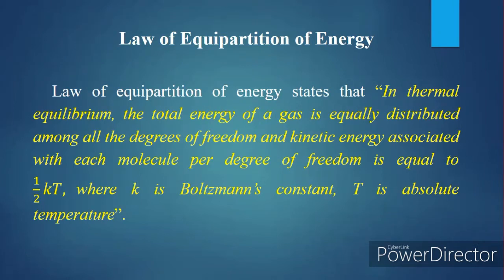If it has 3 degrees of freedom, the total energy is 3 into half kT. If it has n degrees of freedom, what is the total energy? That is n into half kT. For 1 degree of freedom, half kT amount of energy is observed, in accordance with the law of equipartition of energy. Here k is the Boltzmann constant and T is the absolute temperature.